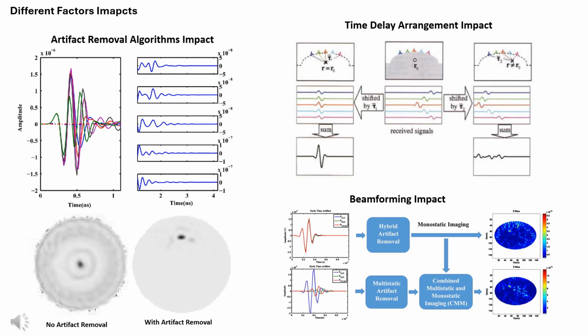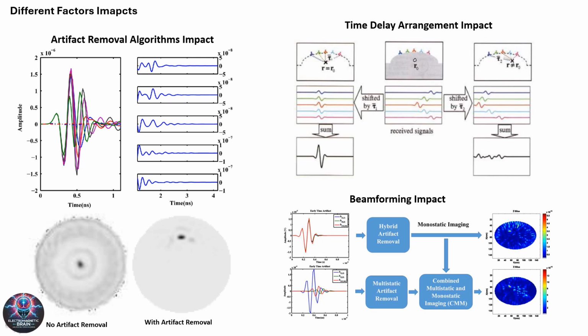On the right, after artifact removal, the image is much cleaner, with the object clearly visible. This visual contrast demonstrates the effectiveness of artifact removal techniques, which are designed to clean up the image by filtering out unwanted signals and focusing on the reflections directly associated with the target.